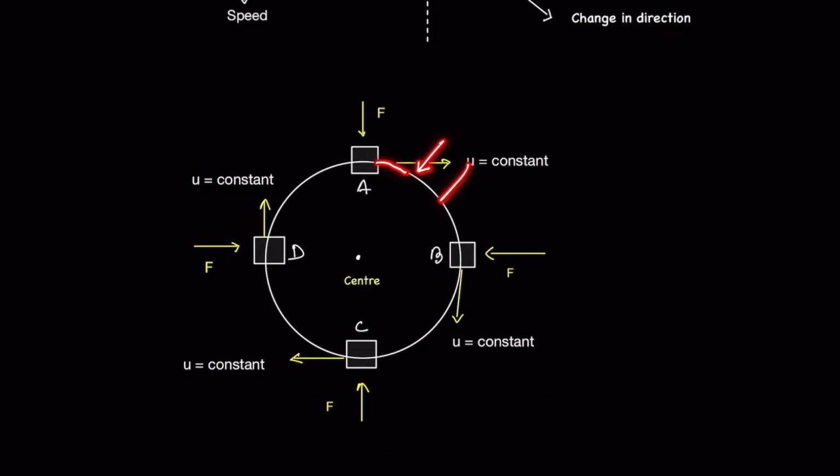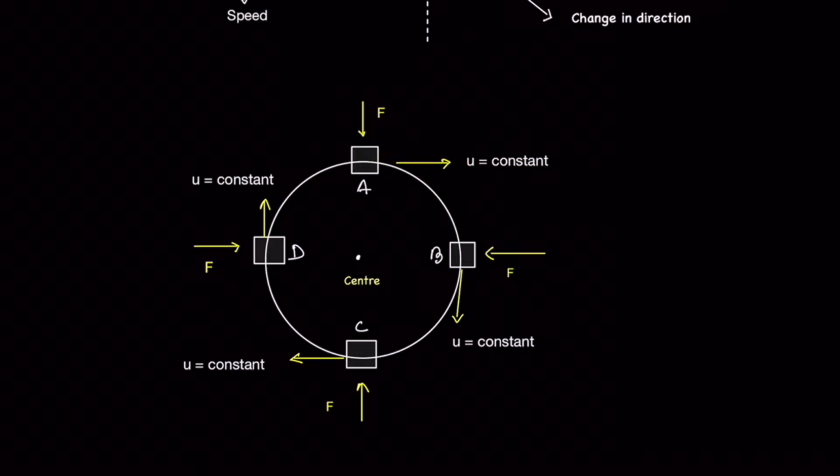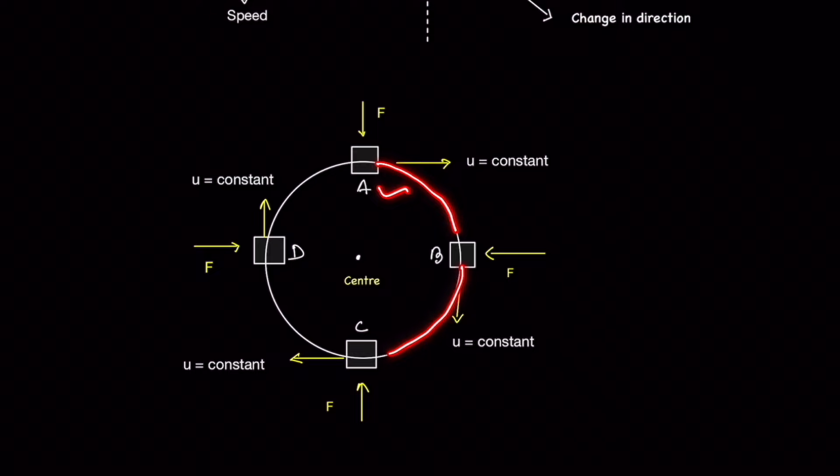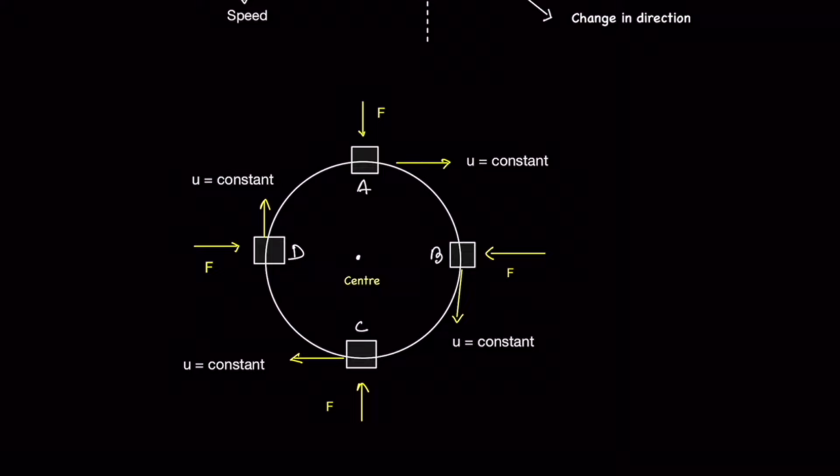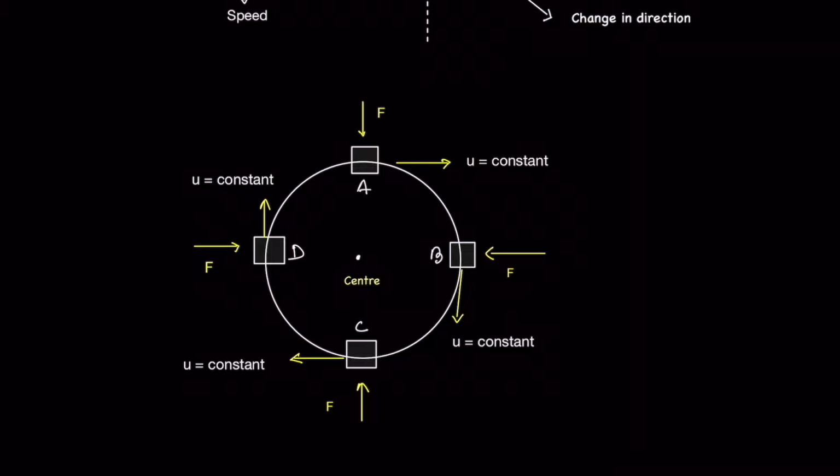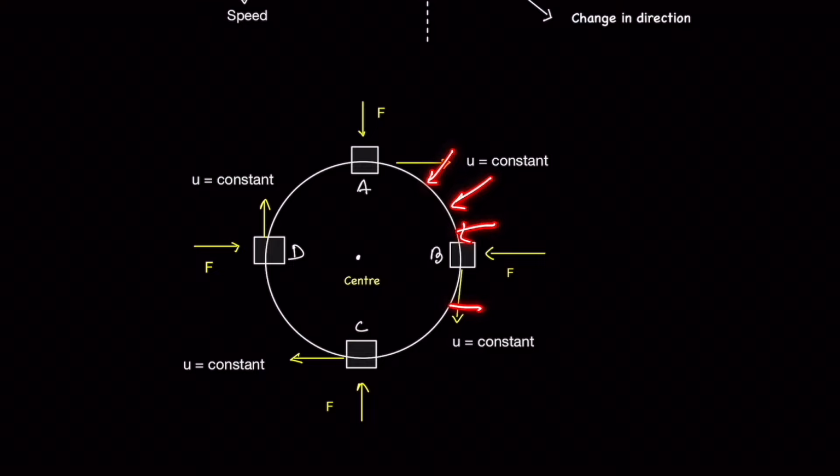So force is continuously acting on the body, and the direction of motion of the body continuously changes. It doesn't mean that we apply force only at A, B, C, D. It is only for reference. Force is continuously acting at each and every point of the body, and due to that, circular motion takes place.